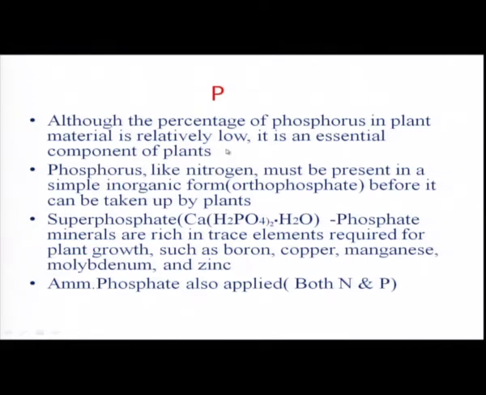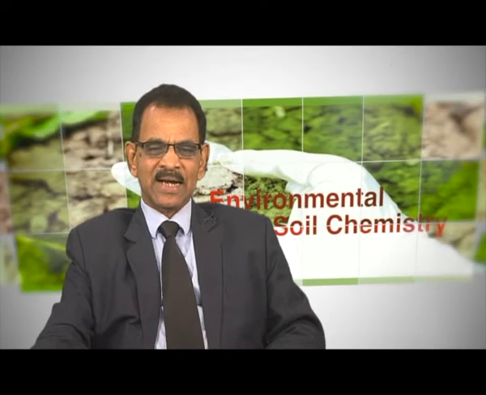Whenever a phosphorus deficiency is noticed in soil, usually superphosphate is the compound normally added as a phosphate fertilizer. Naturally, in alkaline soil phosphorus will be fixed as calcium phosphate, and also in the form of hydroxy compounds, but whenever there is a deficiency we go for superphosphate addition.